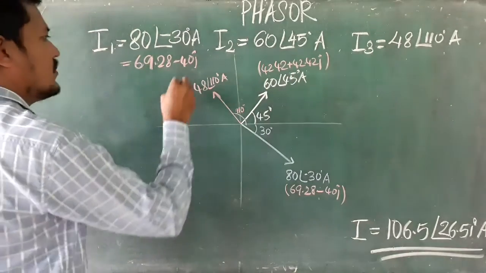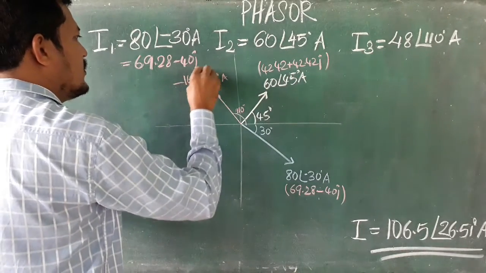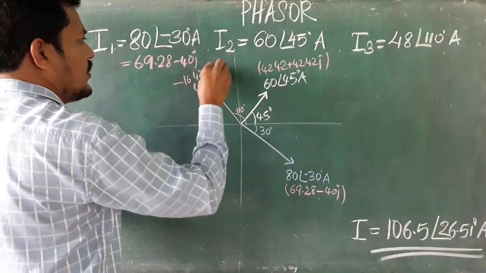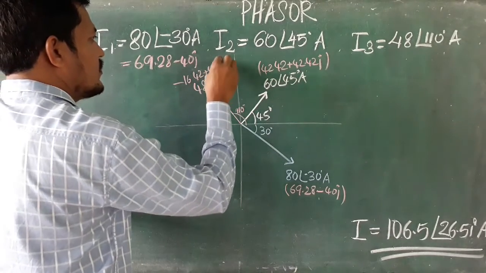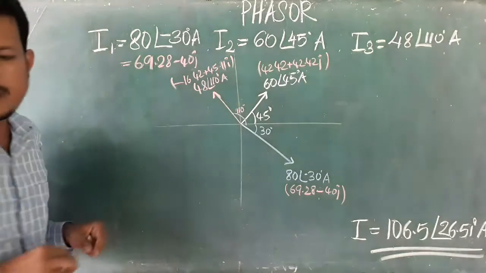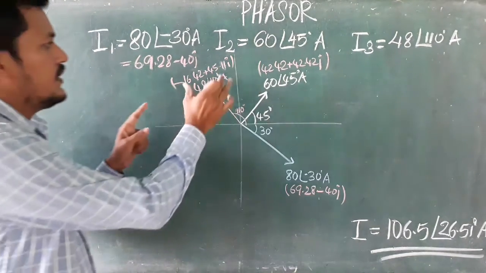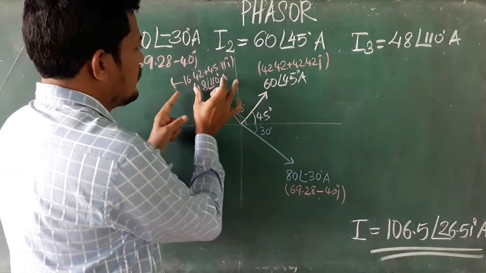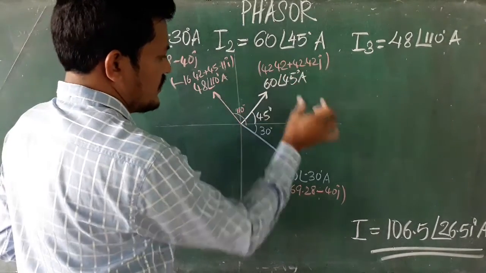And the third one is minus 16.42 plus 45.11 J. Clear. This is the value in terms of rectangular form.